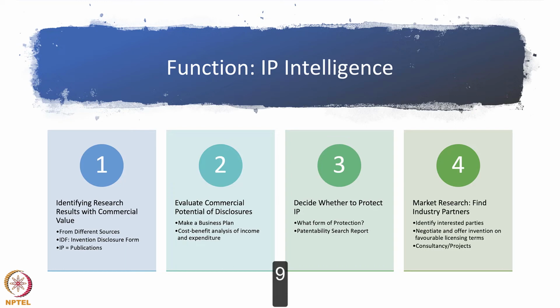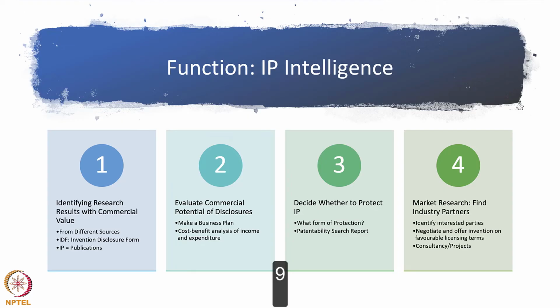IP could most likely be within publications as well. So if it is already published, then it becomes hard to file a patent, and this is something which we covered as a part of the novelty requirement in patent law. But publications are a source for screening or looking at IP.